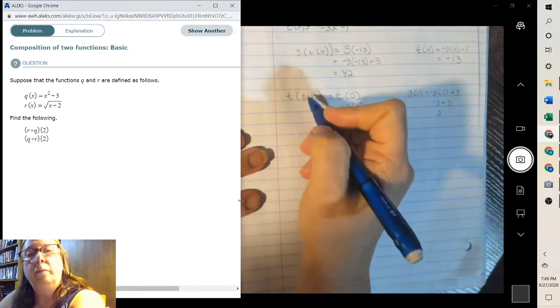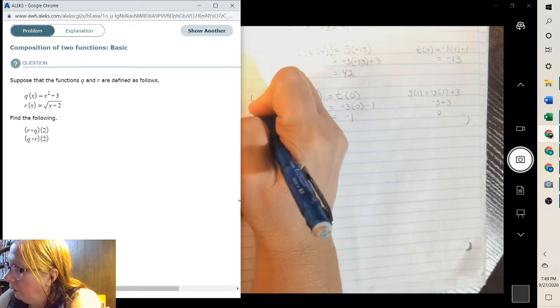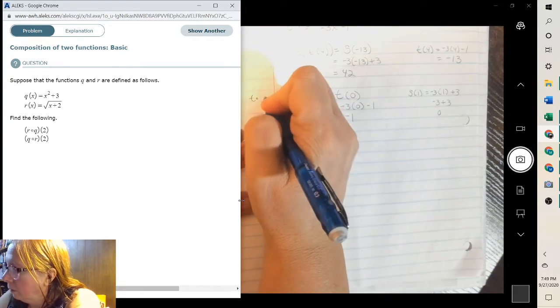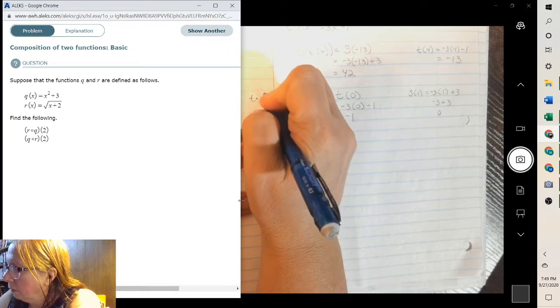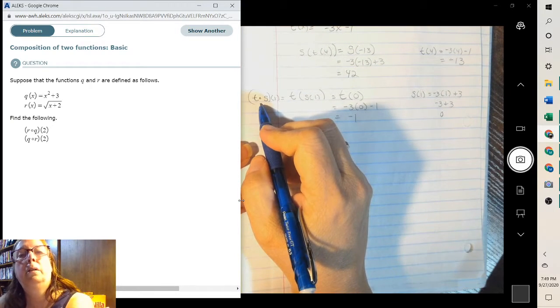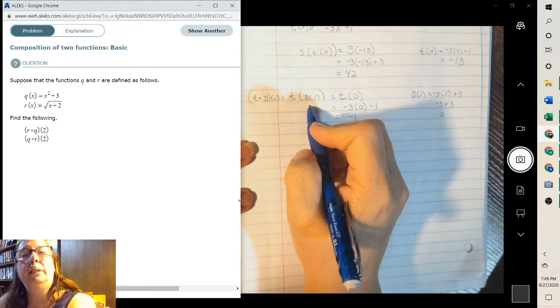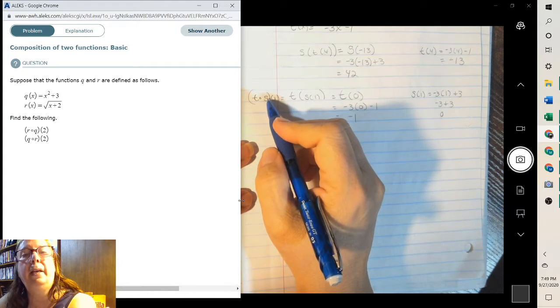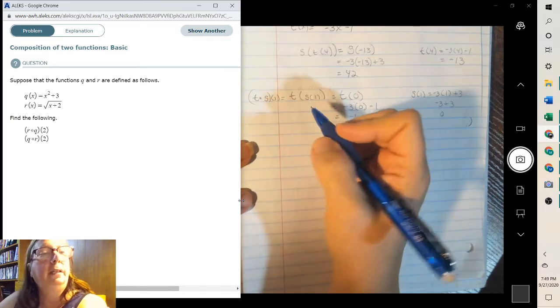This little circle means composition, and that just means go plug 1 into s, get that answer, plug it into t.